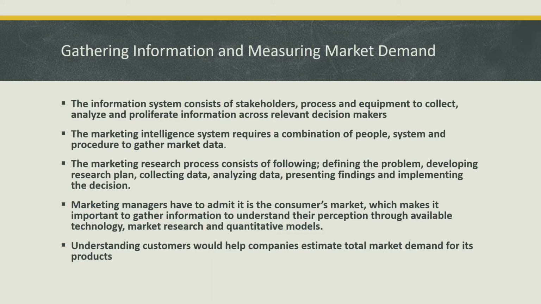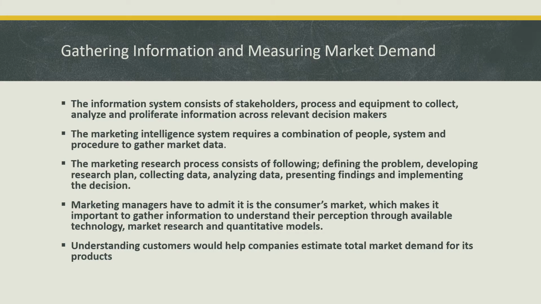Now let's see the marketing intelligence system, which includes people, system, and process to gather market data. People here refers to either salespeople or distribution channel who can spot and report any trend prevailing in the market to the organization. Sometimes company also outsource intelligence gathering activities to third-party agencies.